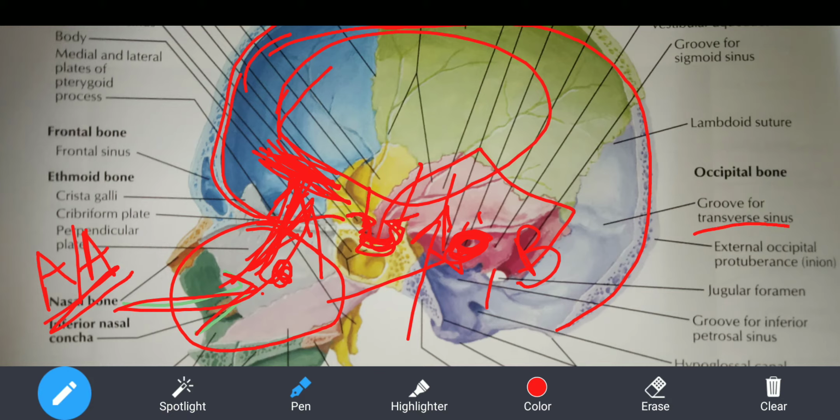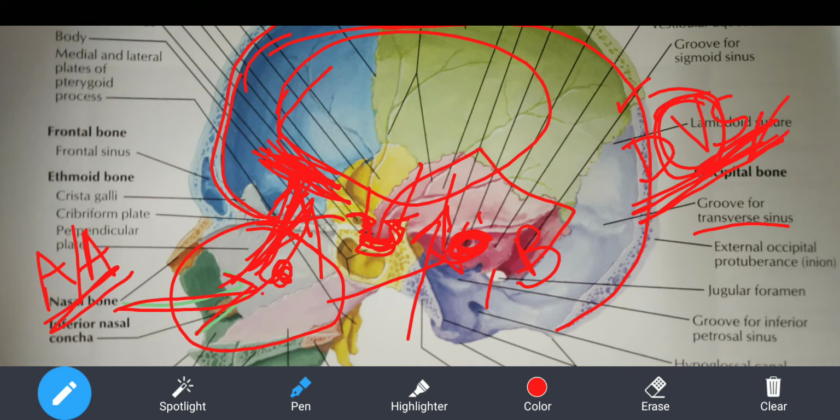I was talking about DVS, that is dural venous sinuses. As I already told you, they are within the dura mater and carry venous blood, and they pour their blood into the venous system. Sinus means what?